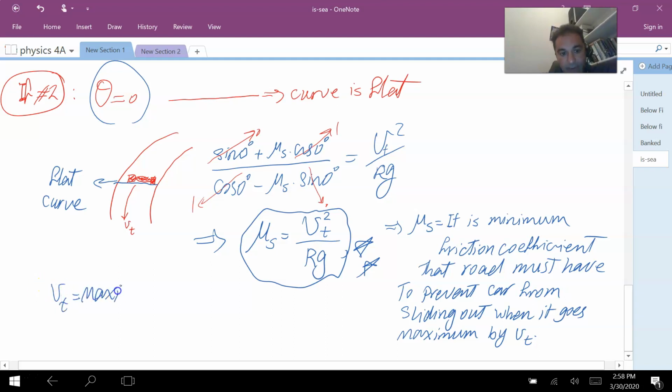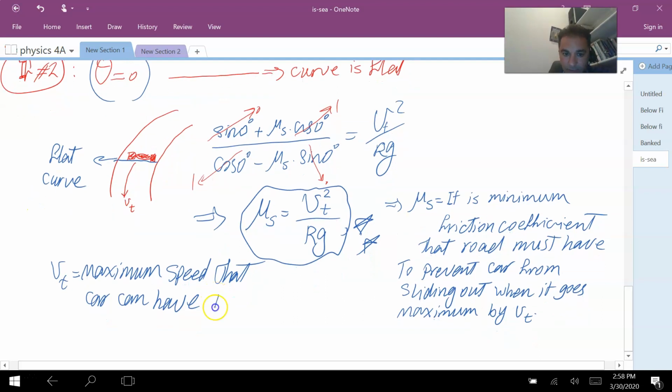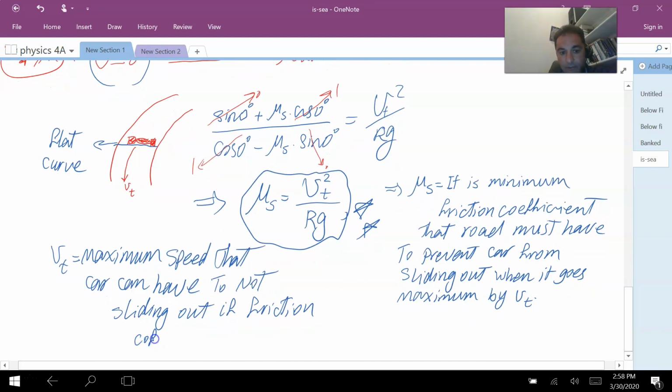It's the maximum velocity or maximum speed that the car can have to not slide out. If the friction coefficient is mu s.